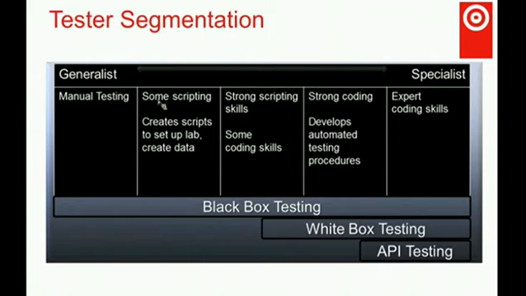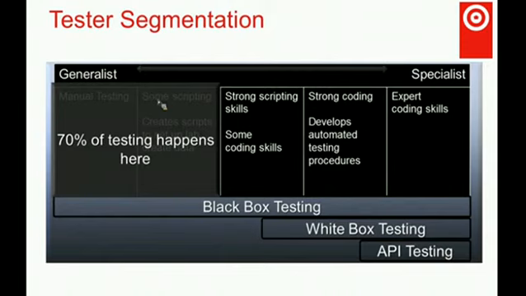Throughout all of this is the black box testing, which is just trying to test the application as inputs and outputs. And then over to the right-hand side, you have what's called white box testing, which requires knowledge of how an application works, the coding of the application, to make sure that all the code inside is actually being tested properly. And programming and testing for APIs as well can be very technical.